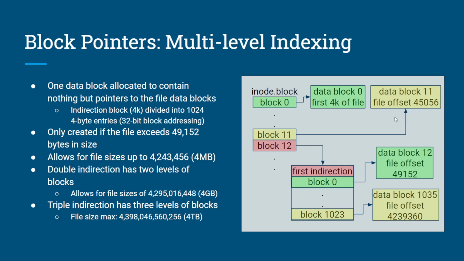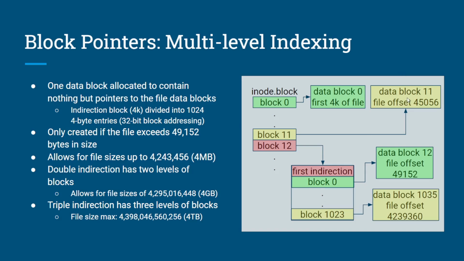So up to the first 45, 50 kilobytes, we can simply reference each block using the block entry within the inode. But once we get past about 50K, we need to start using the first level of indirection. This block index points to a block on the disk, and this block actually contains indexes to other blocks.